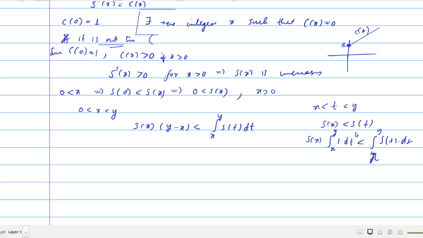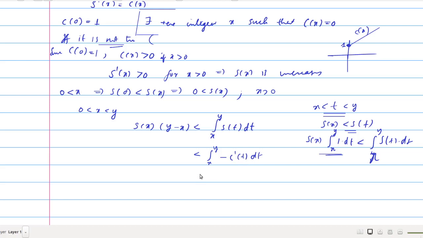Then this is nothing but the left hand side of this inequality, s of x into y minus x, which is always less than integral x to y s of t dt. But we know that c dash t is equal to minus s of t, so we can replace s of t by minus c dash t.